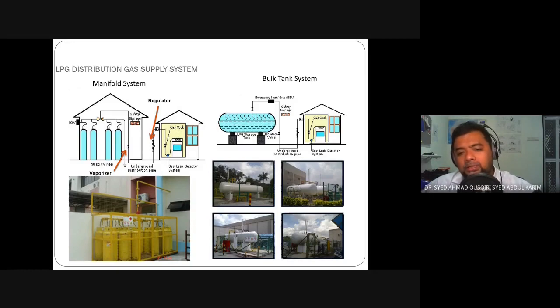So this bulk tank system consists of one or more LPG storage tanks. These are very huge tanks. When the gas has been consumed and reaches a certain level, they won't wait until the tank is empty, they will just refill the tank.